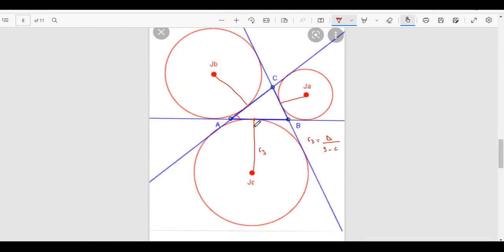This side is opposite to angle C. So we do R3 equals the area of this triangle divided by S, where you add all three sides, divide by 2, and then subtract C. You'll find the side small c, and this is how you will find the radius R3. Similarly, if you talk about this one, you will be using B, and it would become R2.